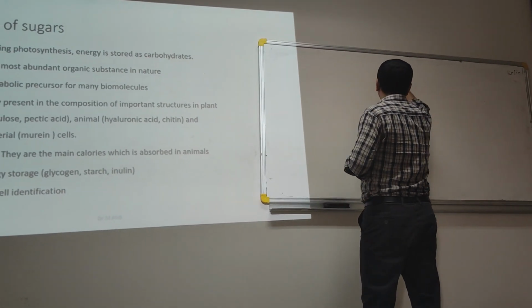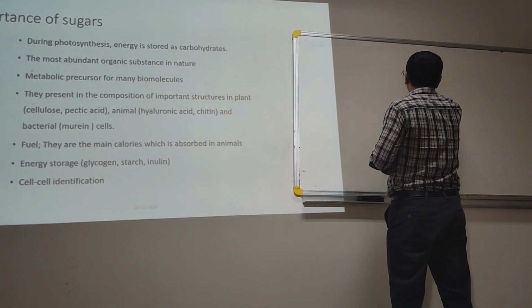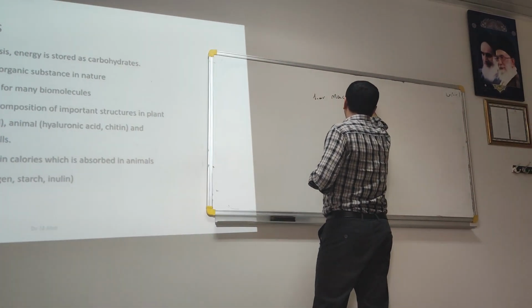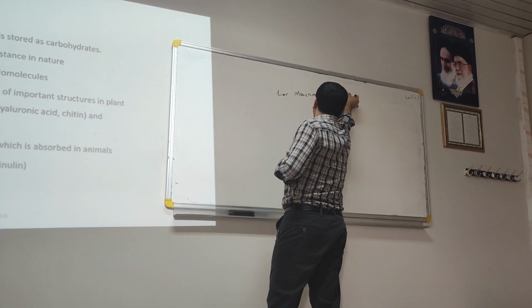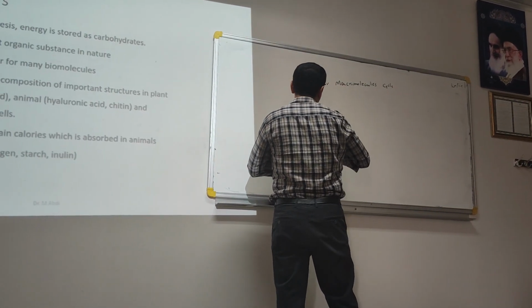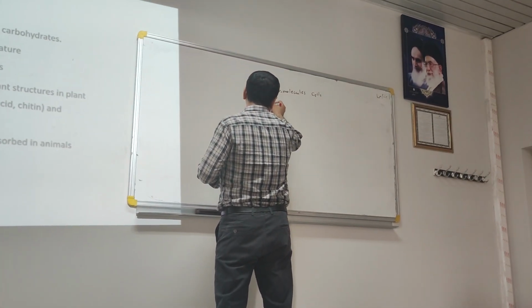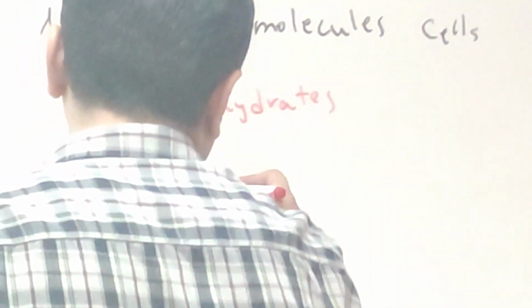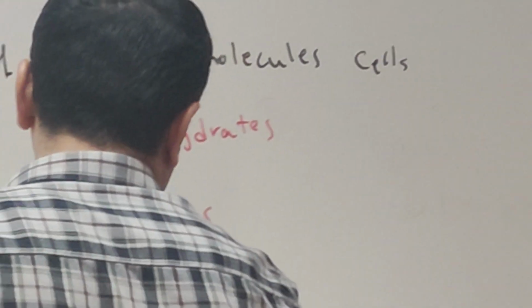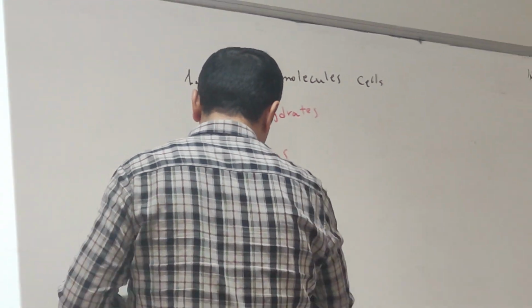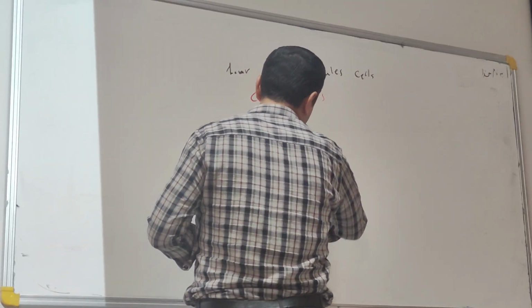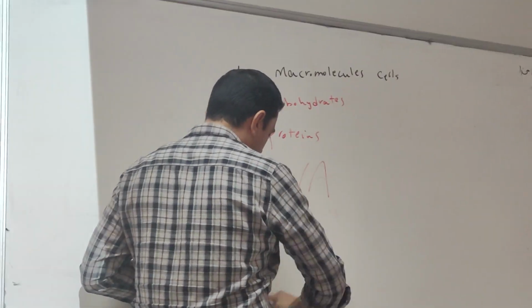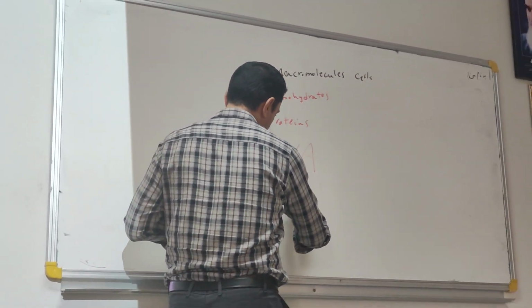I write 4 macromolecules in cells: carbohydrates, proteins, nucleic acid, and lipids. I write lipids in another color.